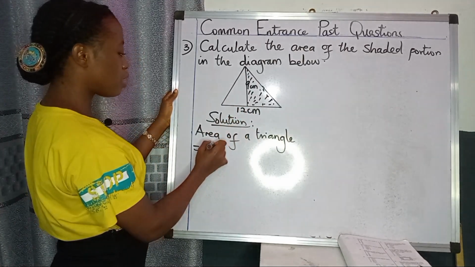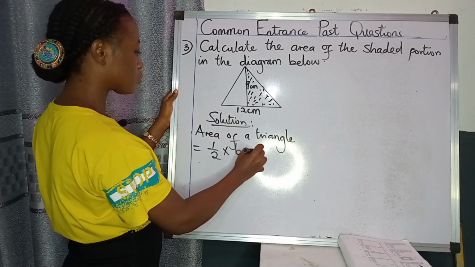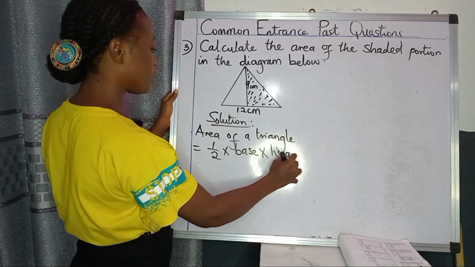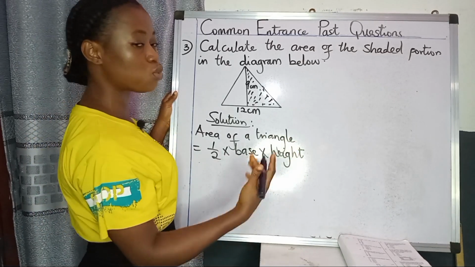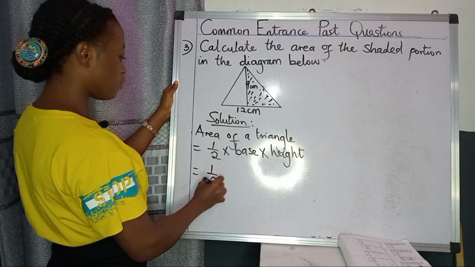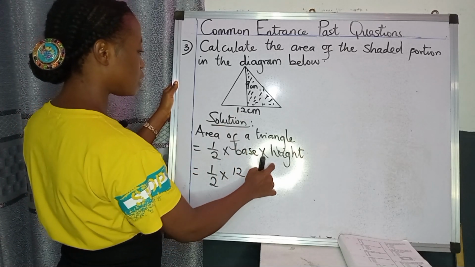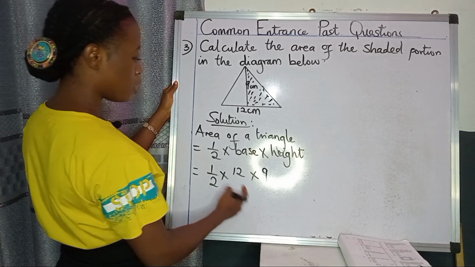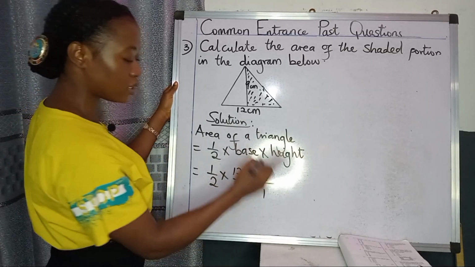So the area of a triangle is half base times height, or you can say base times height divided by 2. Whichever way you want to get your answer. So this will give us half of the base, which is 12, then times height, the height is 9. Now you can make this a fraction by writing it over 1, like I said.